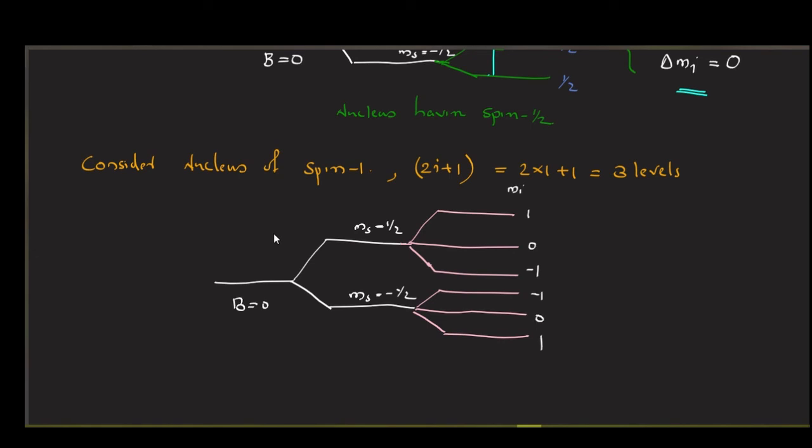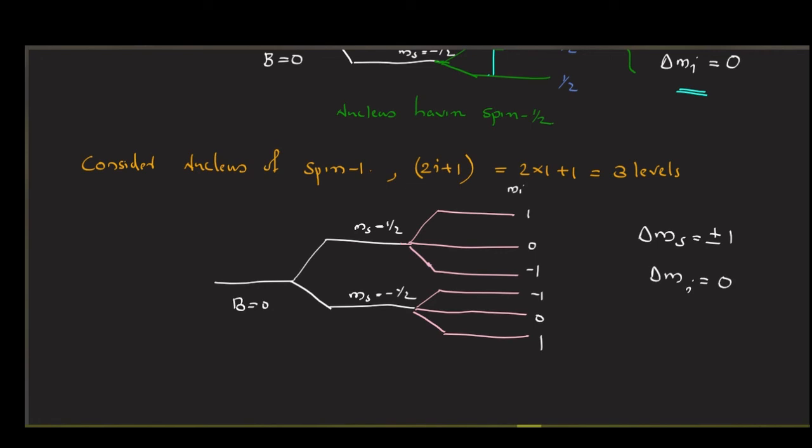Here also the selection rule is delta ms equal to plus or minus 1, and delta mi equal to 0.